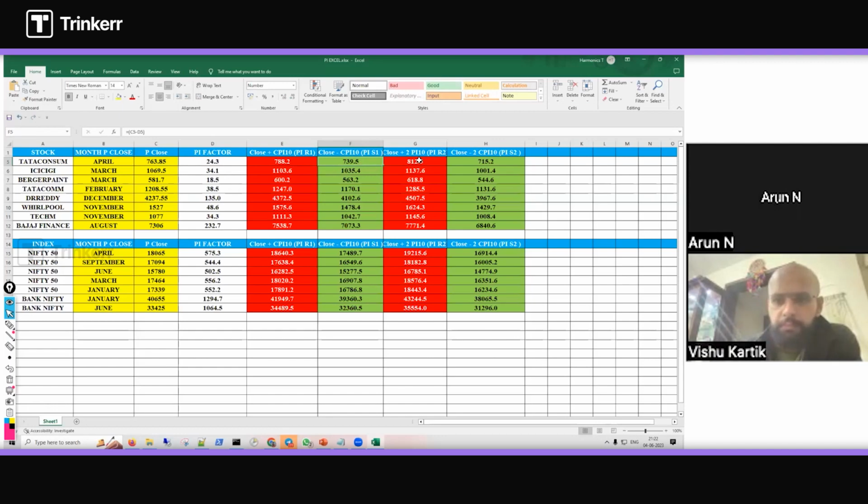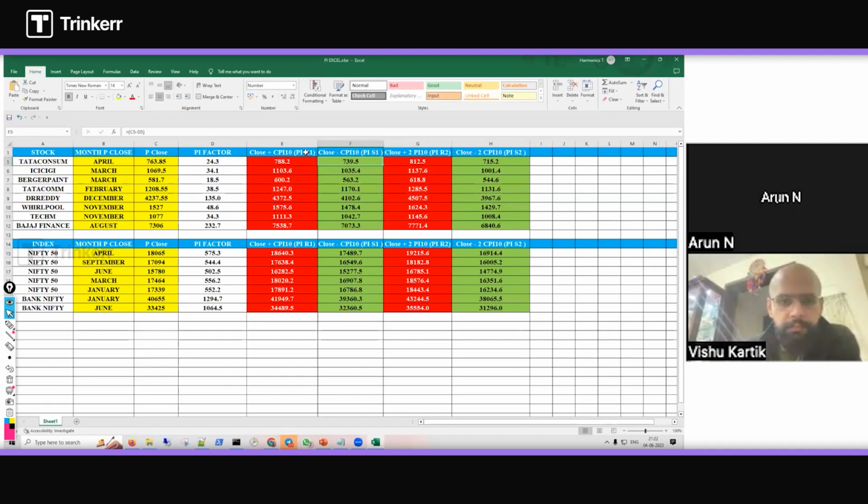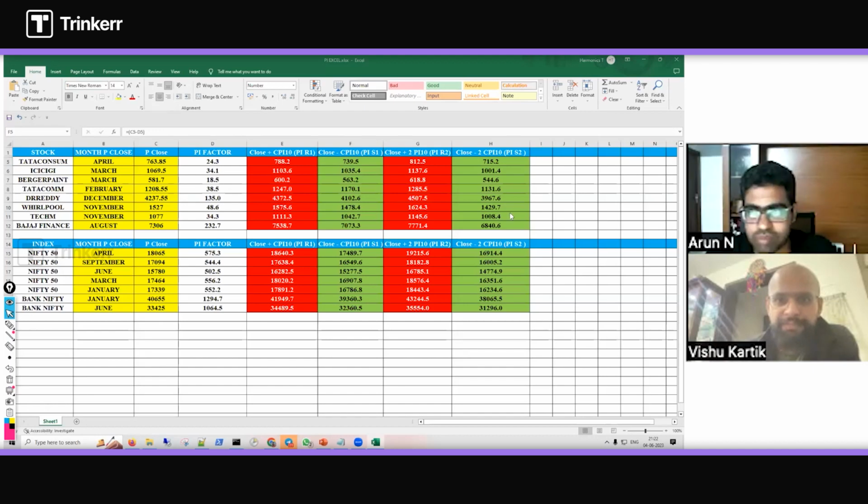Now we have the second pi. This is important because not all the time will the market be in a tight range. A lot of the time the market will be going extremely up or down, and in those cases the stocks as well will be going highly up or down. So we need to go with the second pi support and resistance. So this is R1, right?